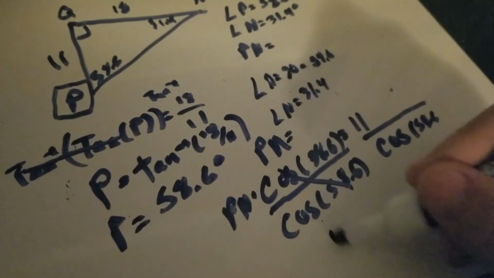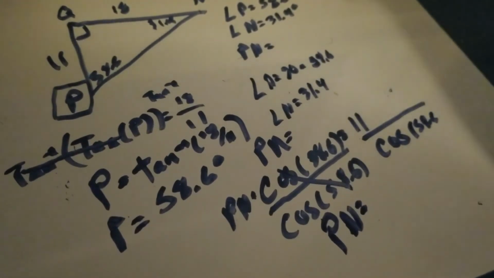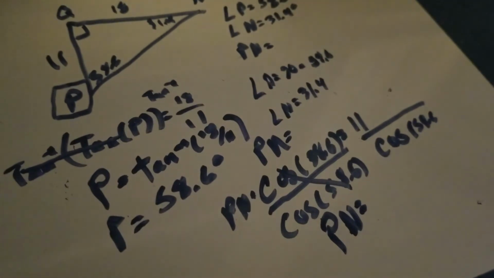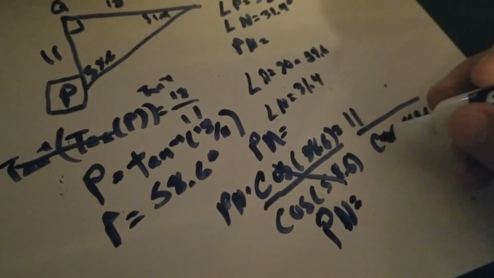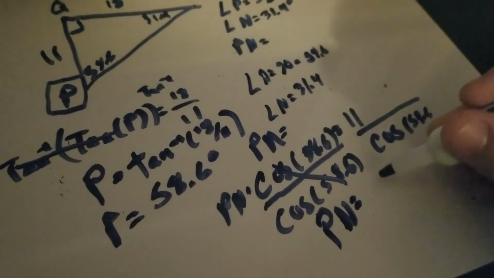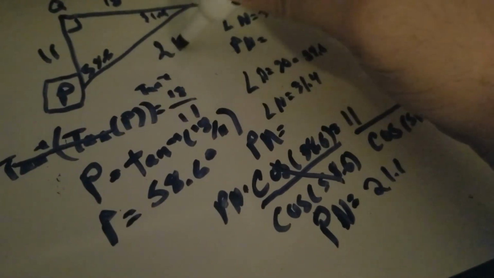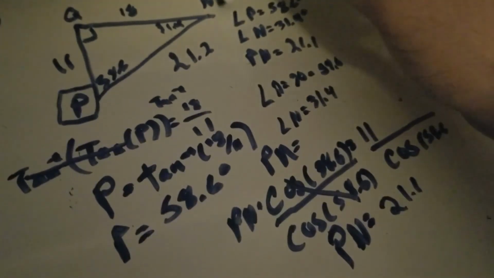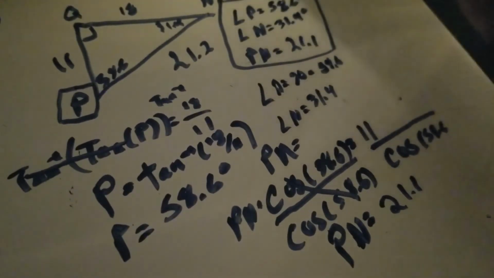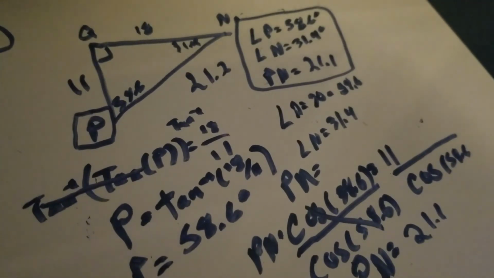So now I'm left with PN equals 11 over cosine 58.6. So we typed it in the calculator. And our answer is 21.1. So I put 21.1 here. Doesn't matter where I put it. My answers are right here. Now let's check with the worksheet. And it works with the worksheet.